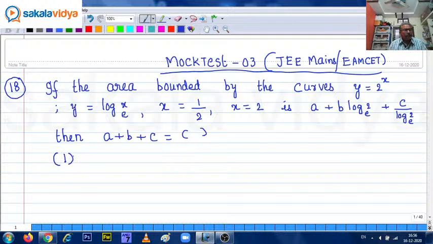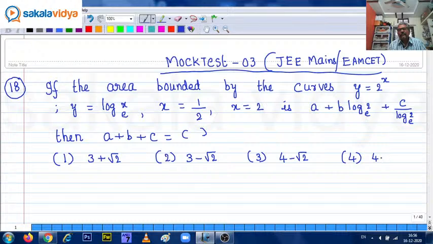Option 1: 3 plus root 2, second one: 3 minus root 2, third one: 4 minus root 2, fourth one: 4 plus root 2.